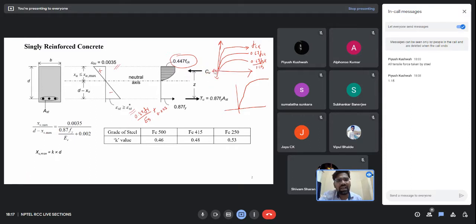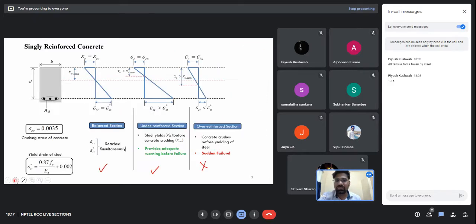For calculating Cu, we first need to calculate the actual depth of neutral axis. We have to see whether the section is under-reinforced, balanced, or over-reinforced, and according to that, find xu. Many things are involved in calculating xu. As we proceed with the problem, I will make things clearer. For the timing, please be patient.